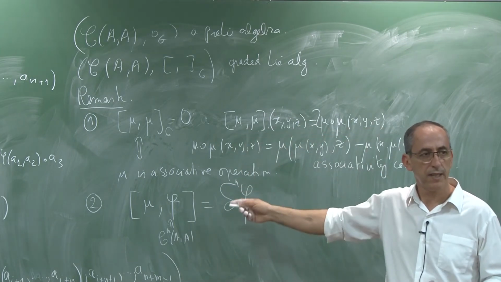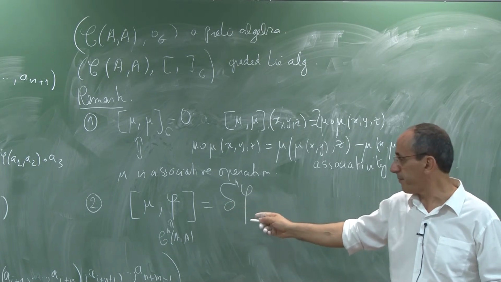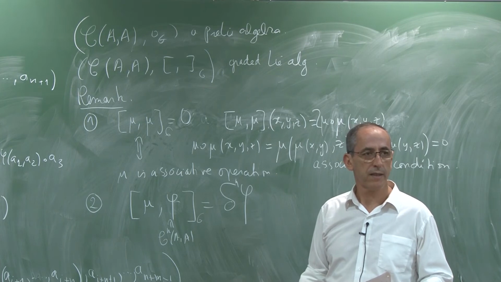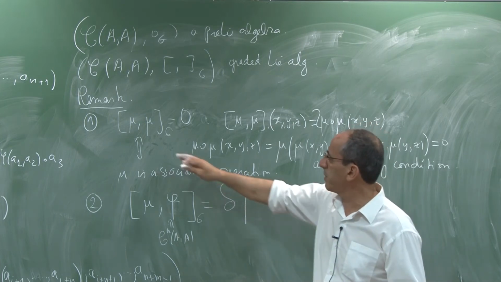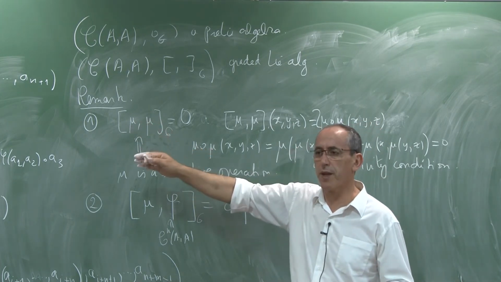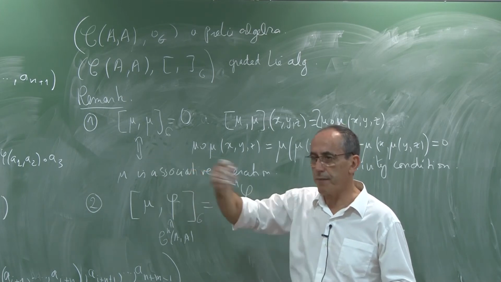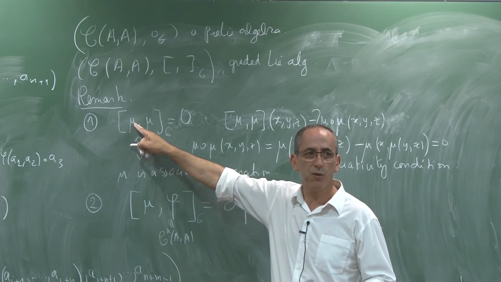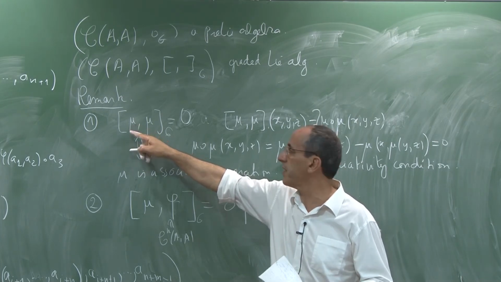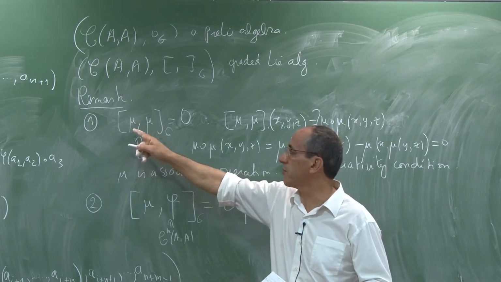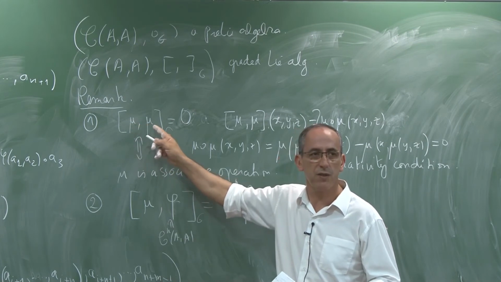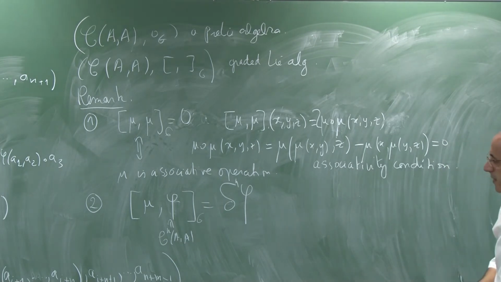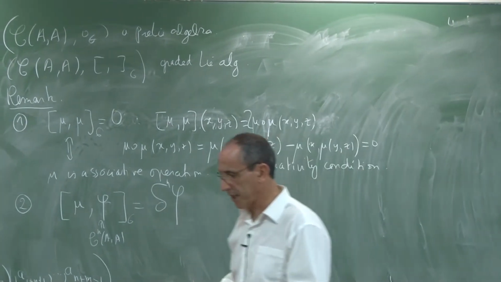Then you can express the coboundary operator using this Gerstenhaber bracket. And next, when we want to check whether our deformation is associative, if mu is replaced by mu_t, some deformation operation, then we need to check that the bracket of mu_t with itself is 0 using this.